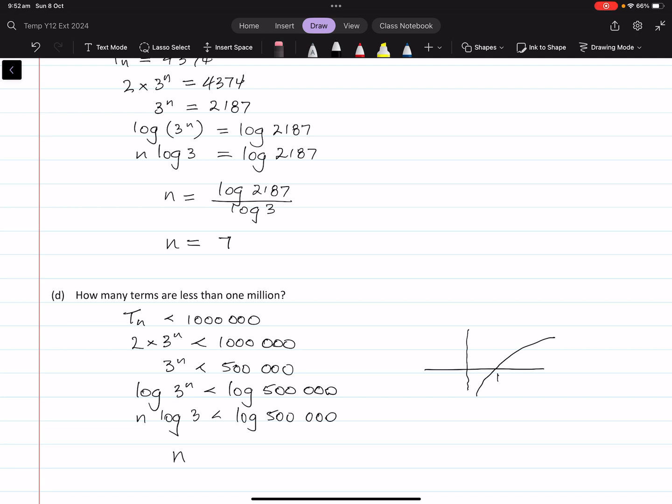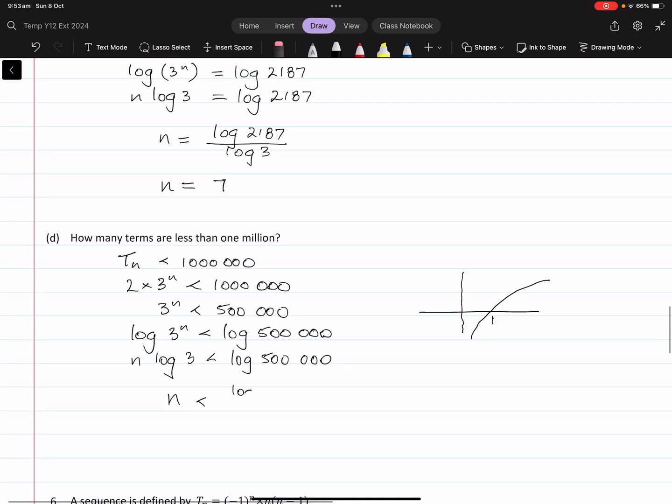Next, n is less than... now I'm dividing by log 3. When you divide by log 3, you've got to be careful as to whether you're dividing by a positive or a negative. On the graph I've just drawn, you'll notice that the log of 1 is 0. If you take the log of a number less than 1, so between 0 and 1, it's negative, and in that case you would be changing the sign when you divide. But log of 3 is positive, so I'm dividing by a positive, and the sign will remain the same.